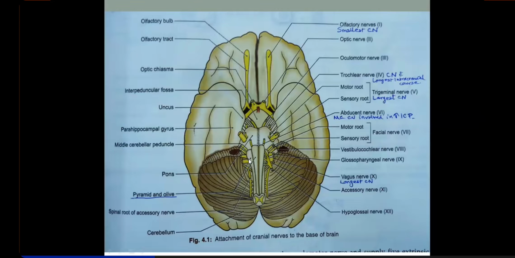Then behind these olives, there is another sulcus, called the posterolateral sulcus, which you also have in a spinal cord. In a spinal cord, from the anterolateral sulcus arise the ventral rootlets, which join to form the ventral root of the spinal nerves, efferents. Similarly, what is attached to the posterolateral sulcus of the spinal cord?